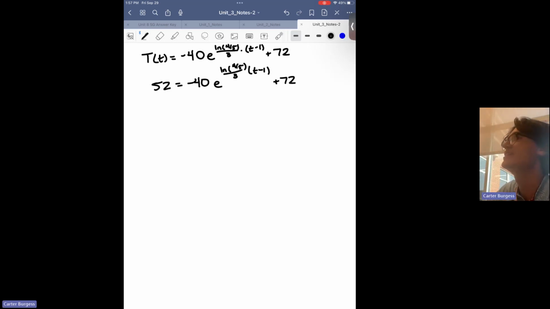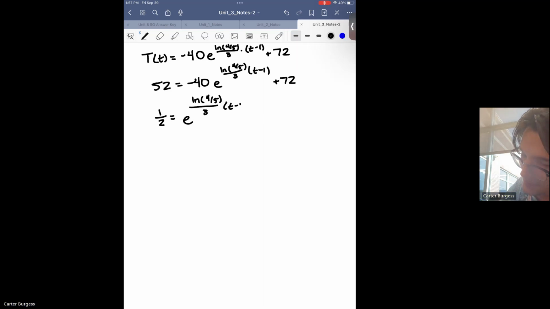All right, subtracting 72, dividing by negative 40, I get that 1/2 is equal to e to the ln of 4/5 over 3 times t minus 1. I picked these numbers out very randomly. It is very nice. They are simplifying in this way. That's a nice coincidence.